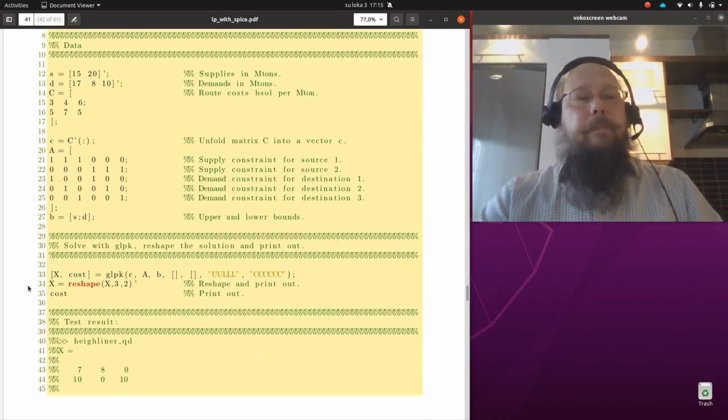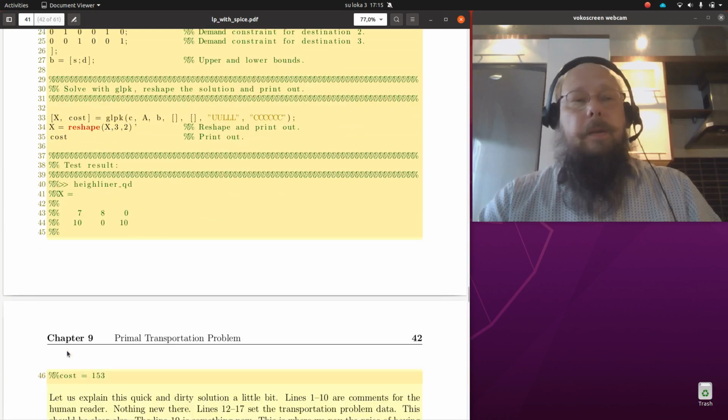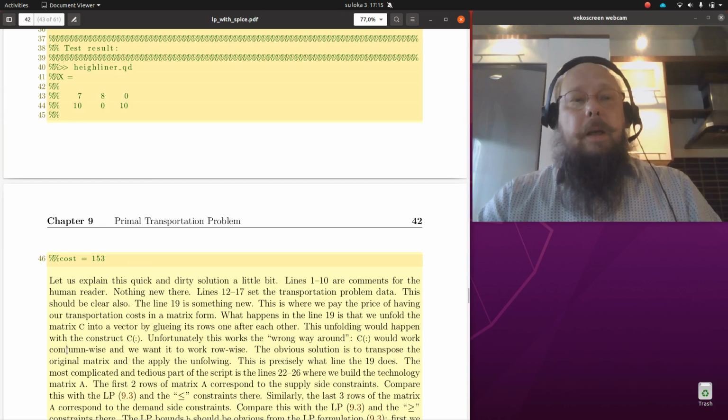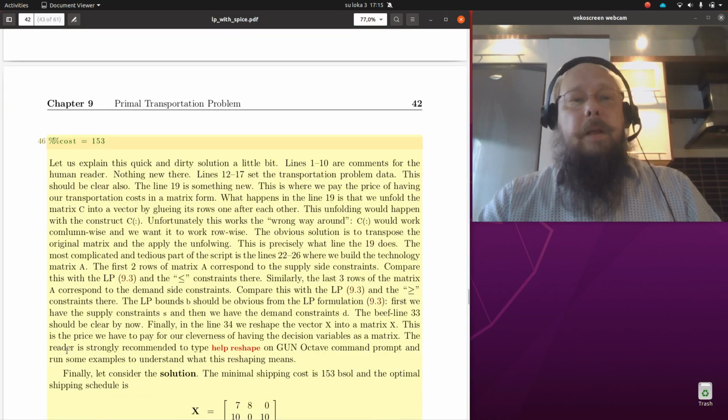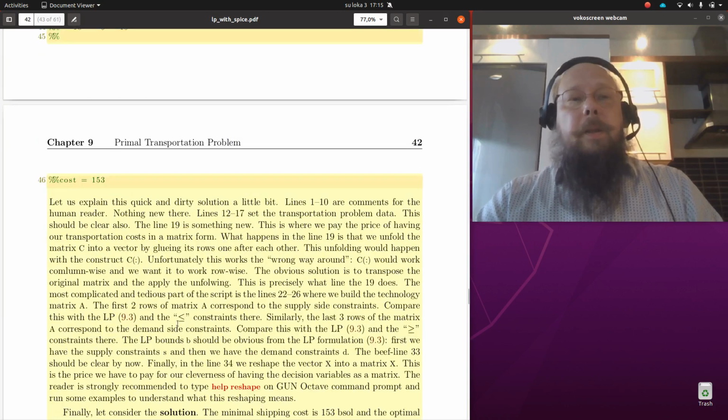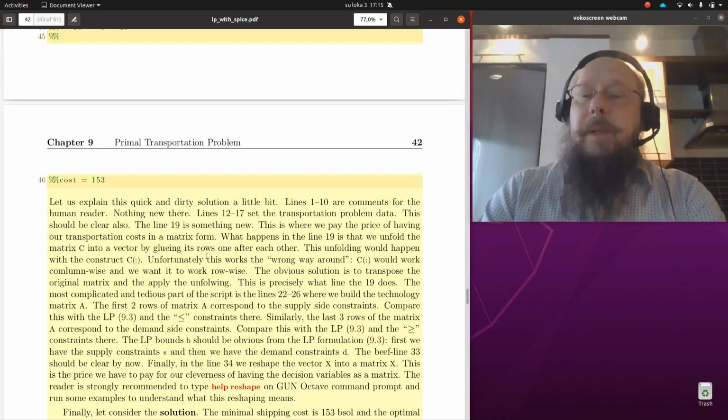Then we have how to solve this with GLPK, and then there is a commented test result when I ran it, and a little bit of explanation of how this script M file works.